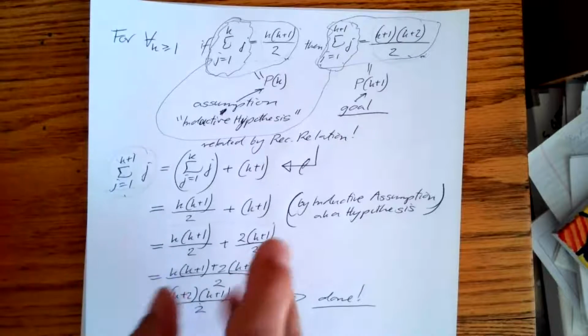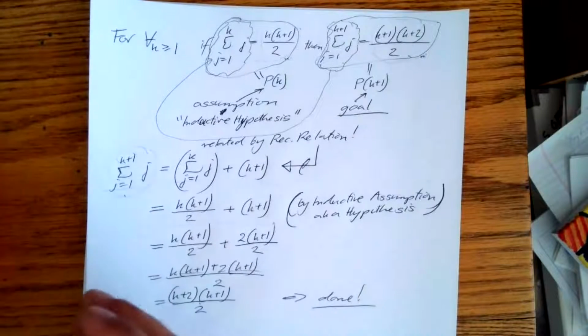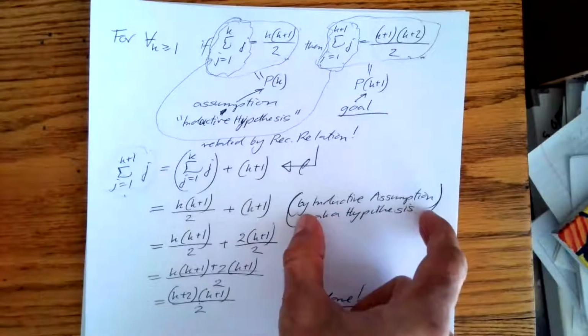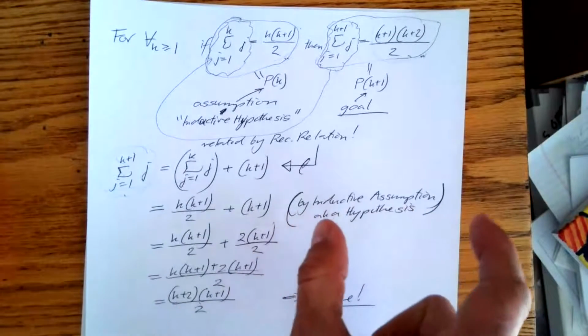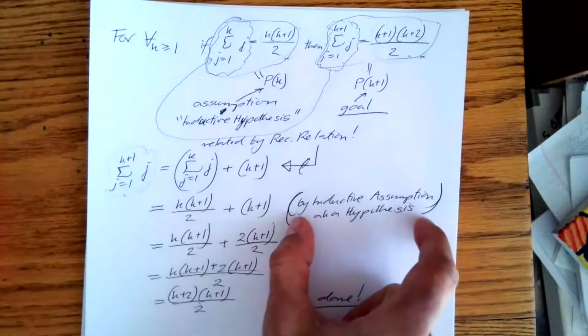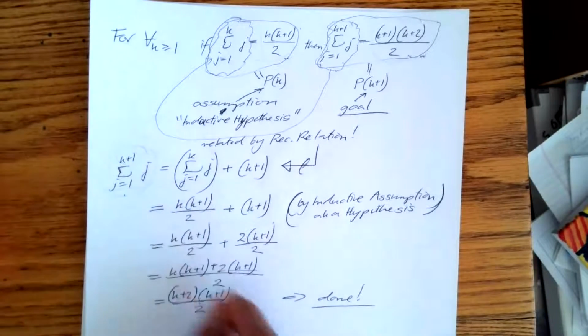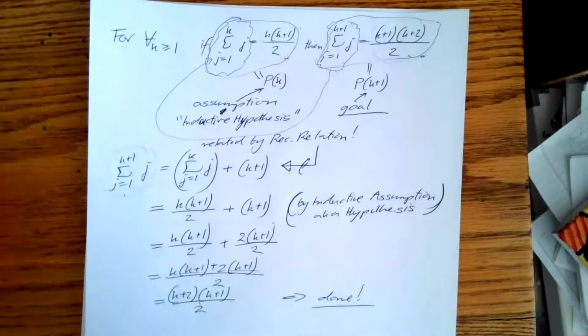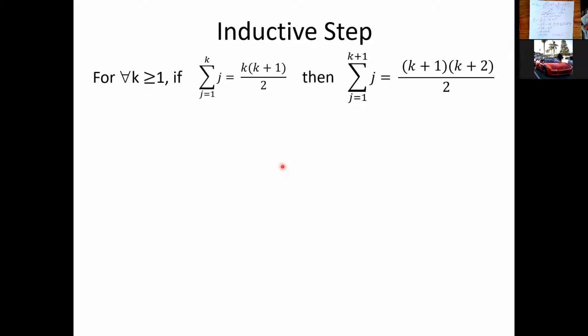But the part that is always going to happen is that at some point the inductive hypothesis will kick in to get you through some step. Okay, let me go back to the presentation. So this proof we have just done.